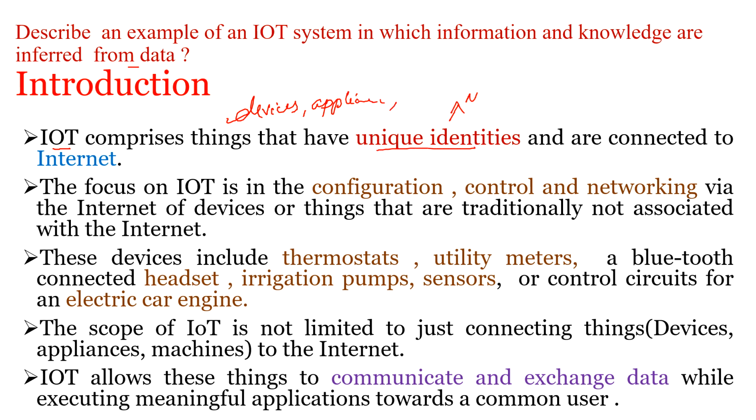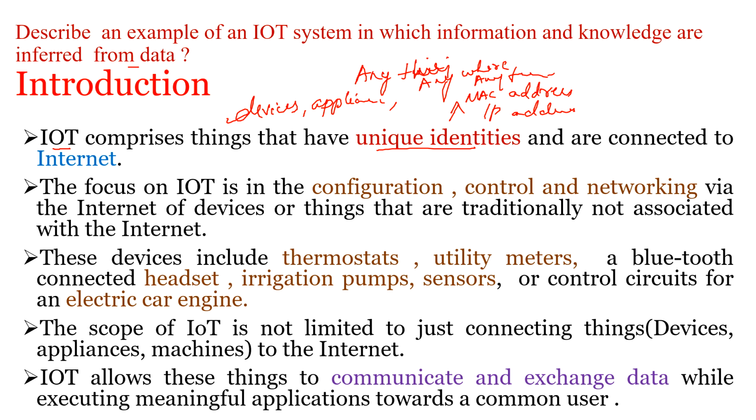Unique identities can be the MAC address, IP address, etc., that are connected to the internet. So in short, IoT means any device can be connected, anything, anywhere, at any time.